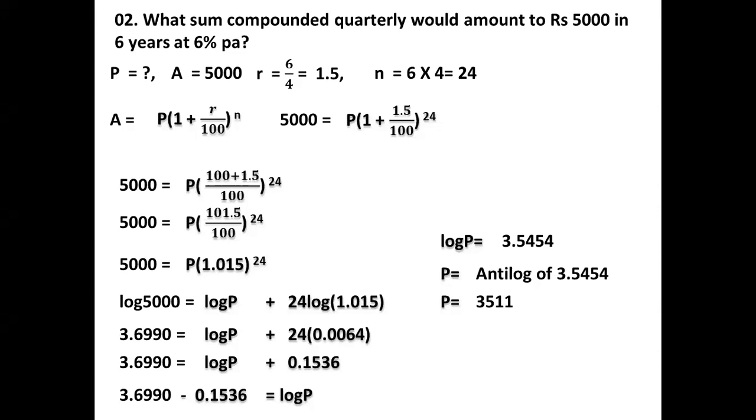If they ask to calculate interest quarterly, divide R by 4, multiply n by 4. Third, if they ask to calculate interest half yearly, you divide R by 2 and multiply n by 2. This is the point you remember.